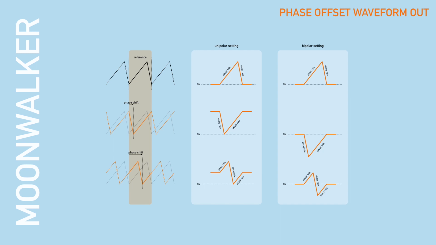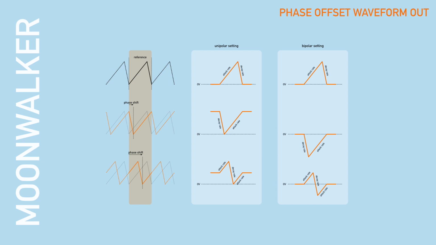Then when you look at the situation below the first examples, I've introduced some phase shift, and this phase shift correlates to 180 degrees, and that's why I said to not try to look at the attack and decay settings as time settings, but more as slope settings.